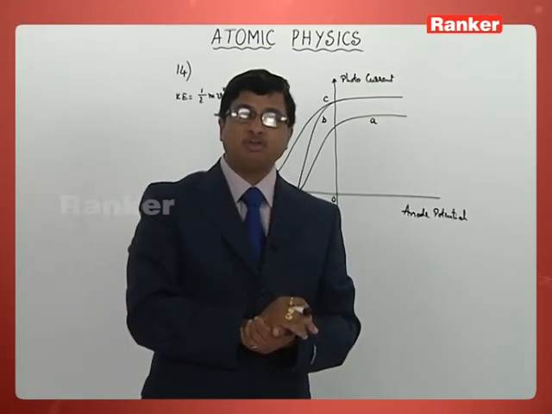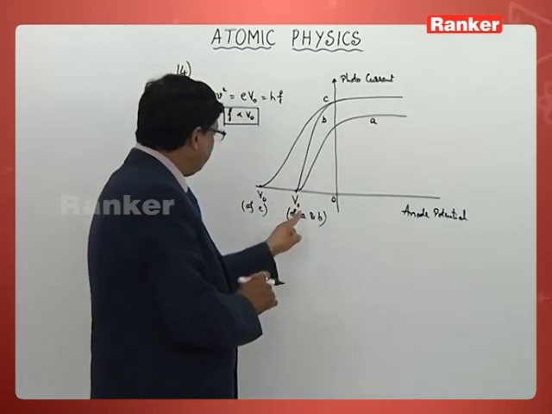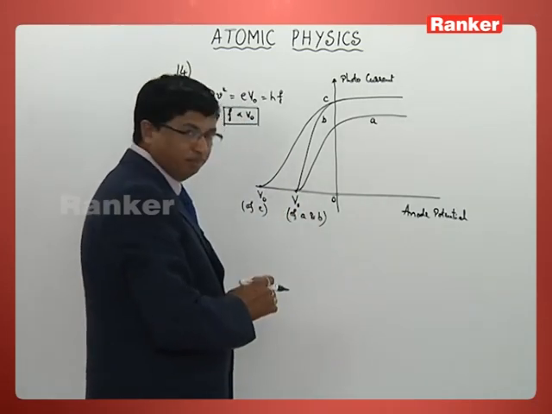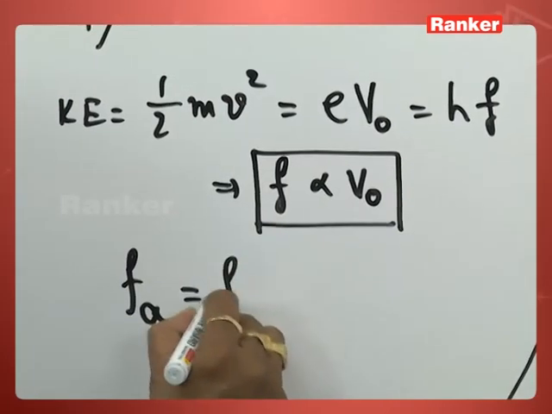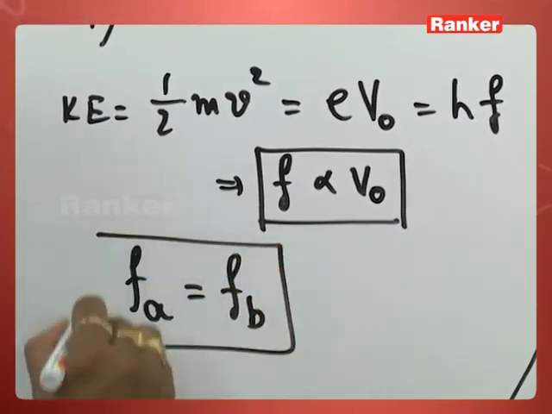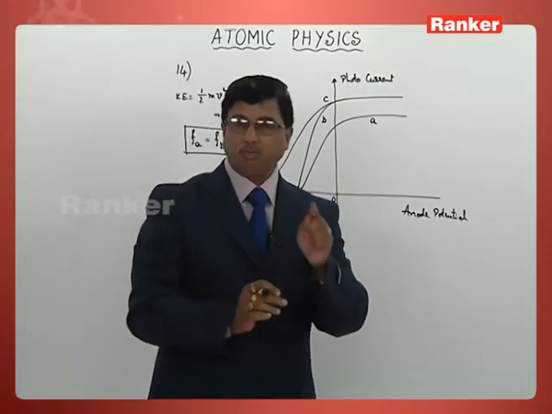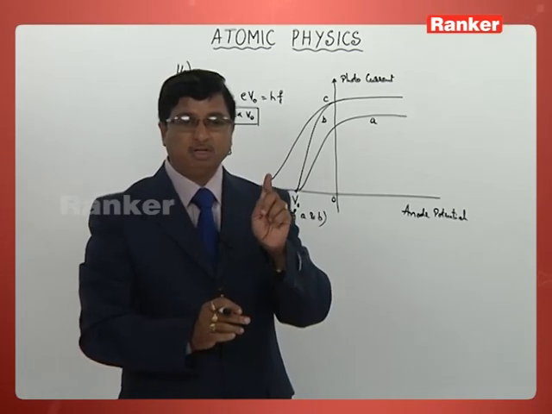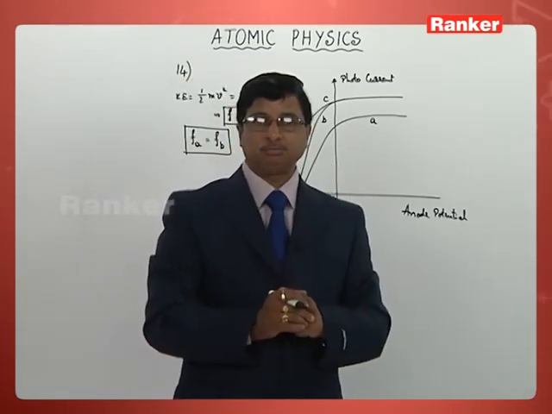Since stopping potential for both the curves is same, what we should write? Frequency of A must be equal to frequency of B. That is one point which you can certainly understand from the first pair of curves.